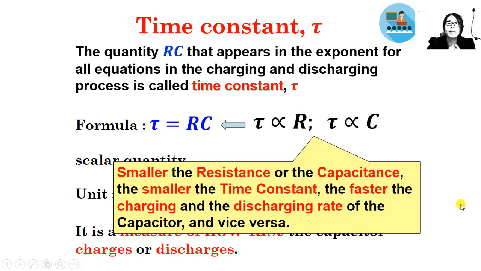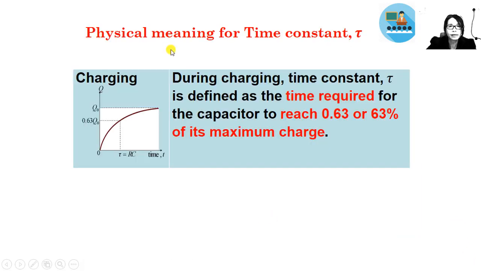Through the time constant we can determine whether our capacitor charges quickly or takes a longer time for the charging and discharging process. This is the physical meaning of time constant. During the charging process, time constant is defined as the time required for the capacitor to reach 63% of its maximum charge.